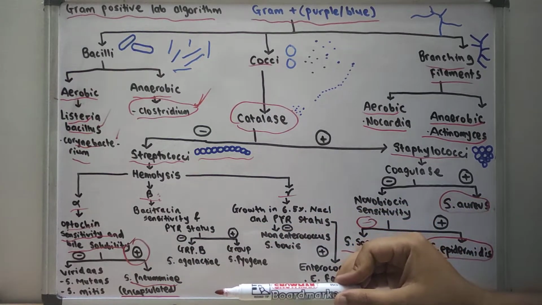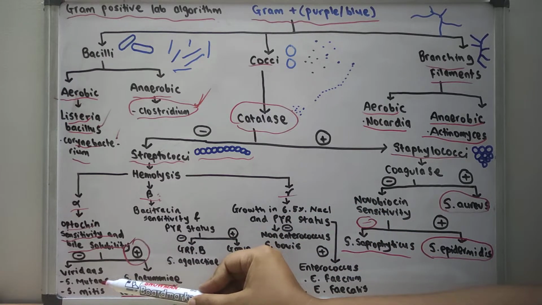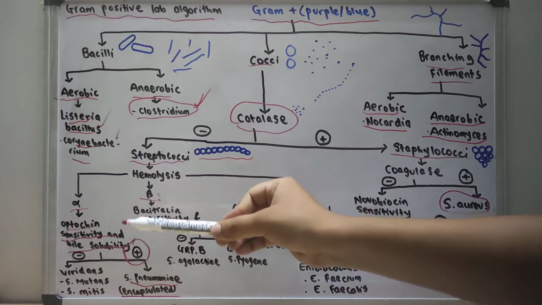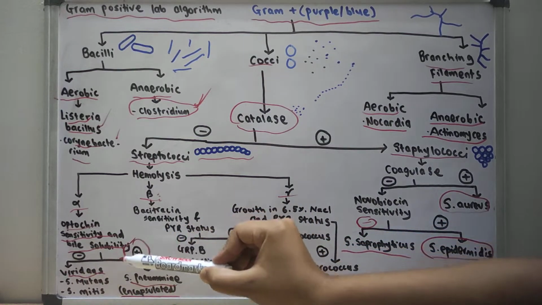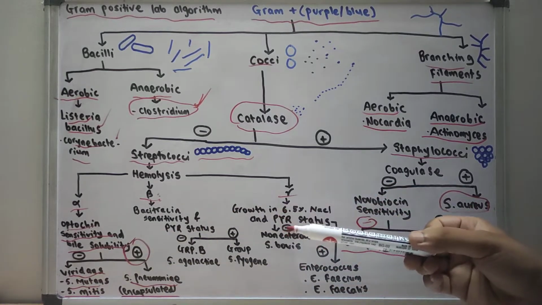The optochin insensitive and bile insoluble group of alpha hemolytic streptococci are the viridans group of streptococci. They are Streptococcus mutans and Streptococcus mitis.